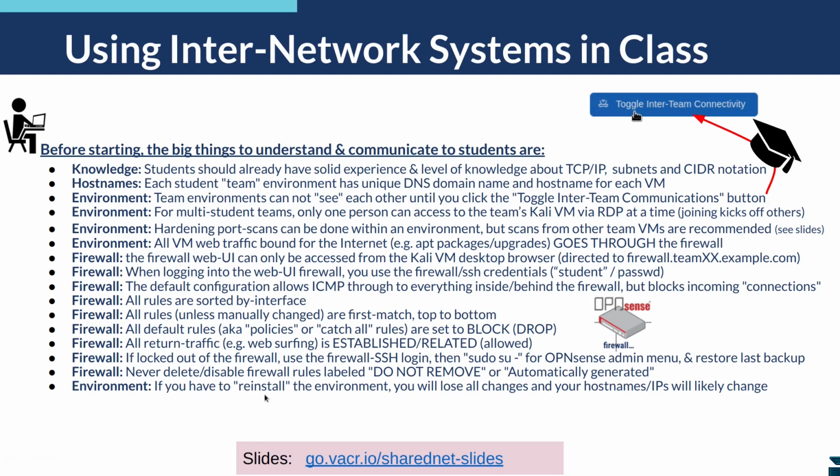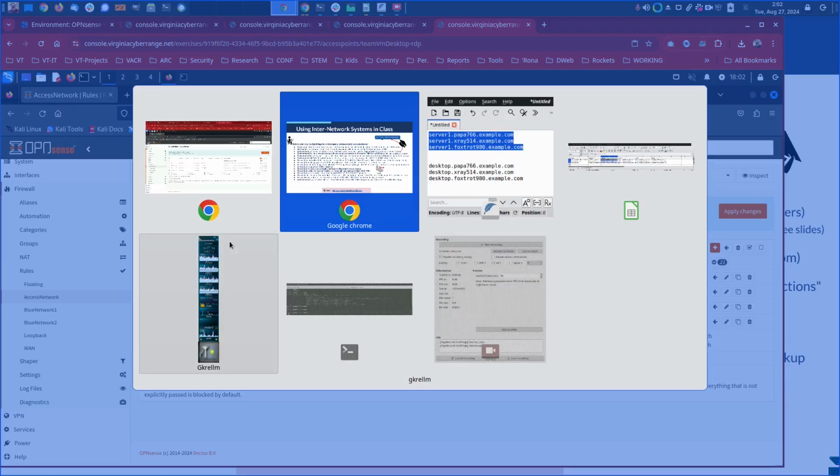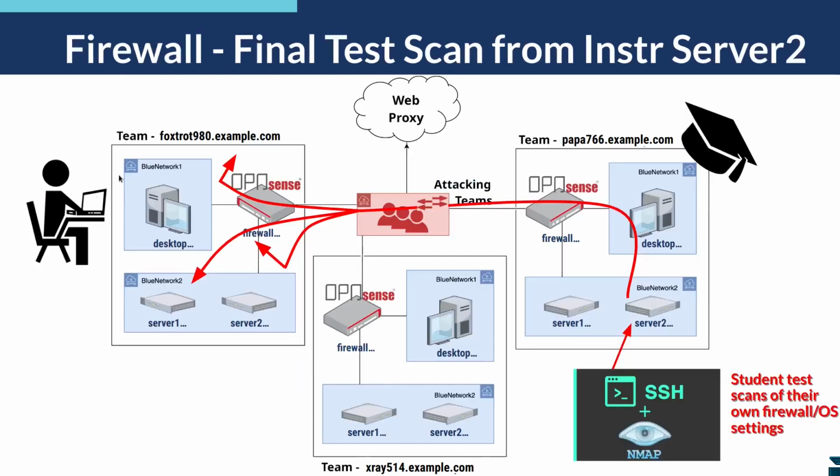And finally, if you do have to reinstall the environment, for example, a student destroys their file system or gets hacked by another student because they left something open, then unfortunately, if they mess up this entire environment to the point where it can't be repaired, you need to reinstall it, which is like wiping all the hard drives and starting over.